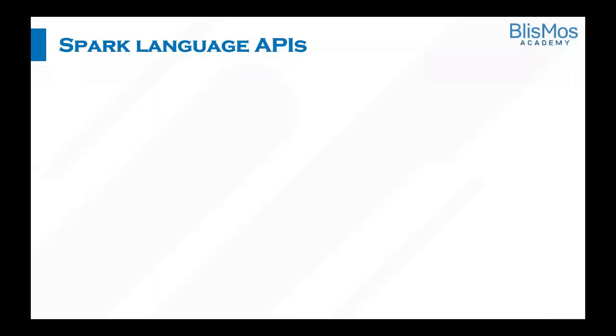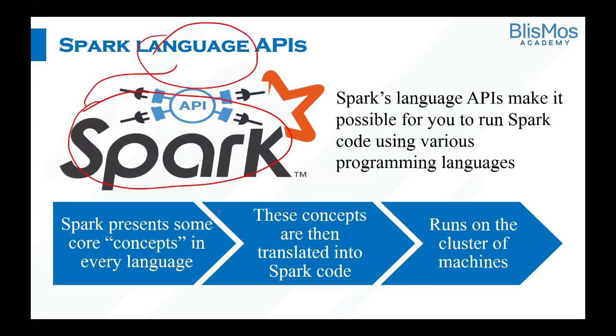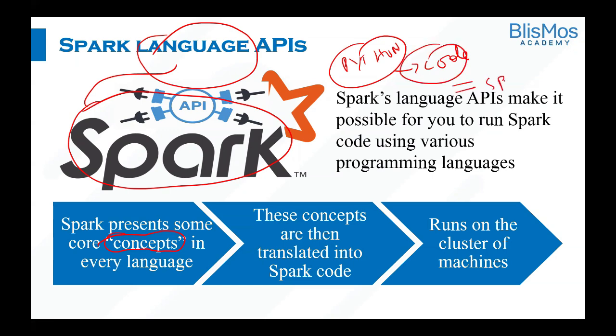So what happens is, between Spark and the different languages, there is some kind of a mapping. Okay. So Spark maintains something called core concepts in every language. Let us say I write some code in Python. That code is in a way mapped to Spark code.